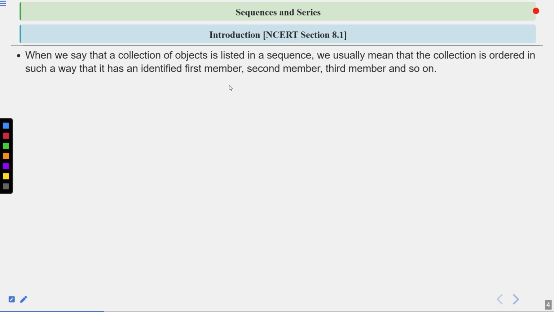So, when we say that a collection of objects is listed in a sequence, we usually mean that the collection is ordered in such a way that it has an identified first member, second member, third member, and so on. Basically, you have some kind of list, and that list is a sequence, meaning that we have an identified first member of the list, then second, then third, then fourth and fifth.